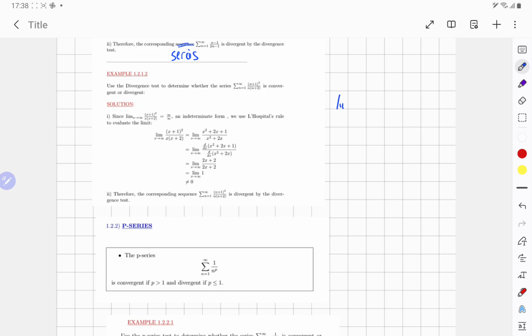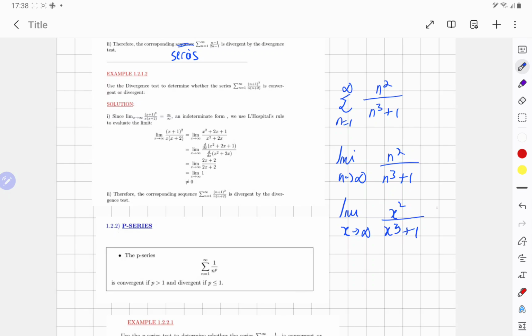Now, just remember what I said before. If you, for instance, do this series, let's just use that one, and you use the divergence test, you first look at the limit of the sequence. Now, because you do L'Hopital, you're going to change to x's, but since you get infinity over infinity, you're going to use L'Hopital.